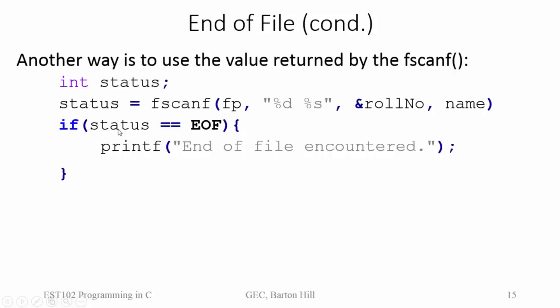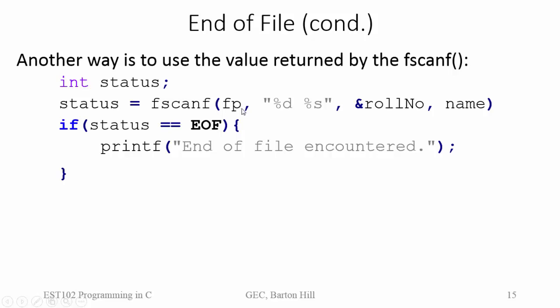So status will have -1. If we compare status and EOF, where EOF is a macro having the value -1, then this condition will be true and we can say that end of file has been encountered. So we have two methods for checking whether we have reached the end of file.